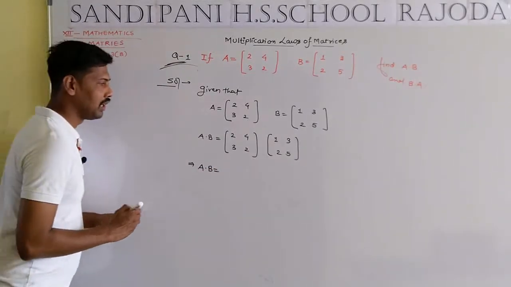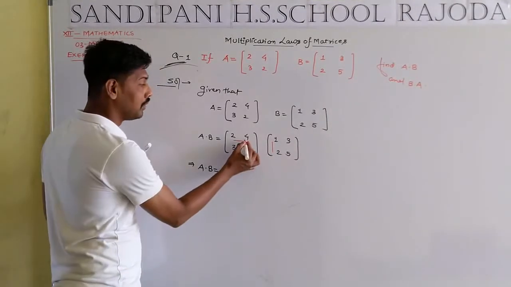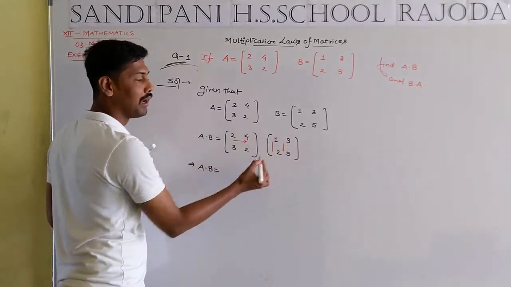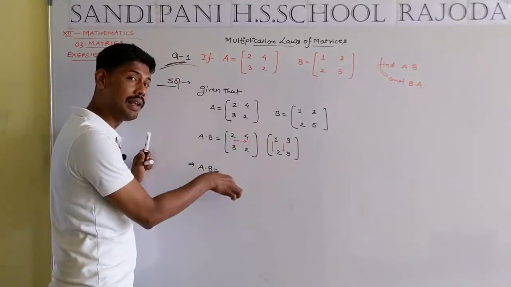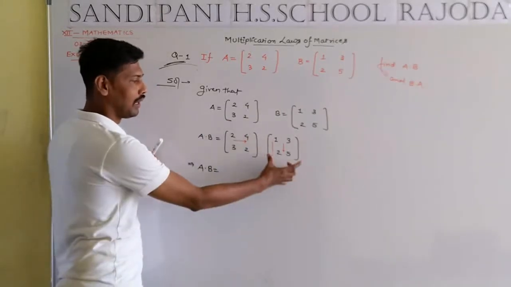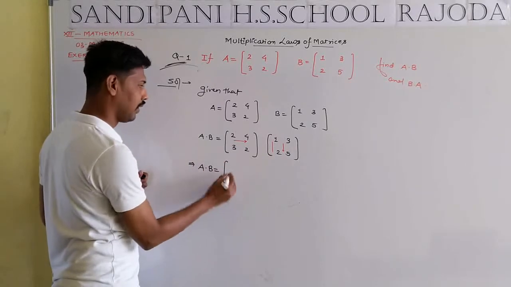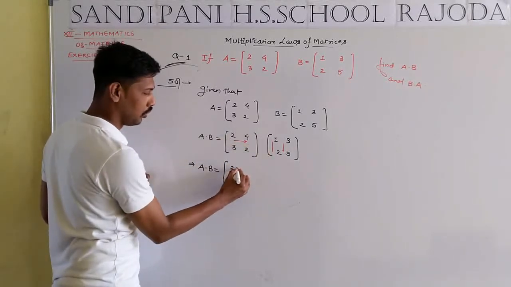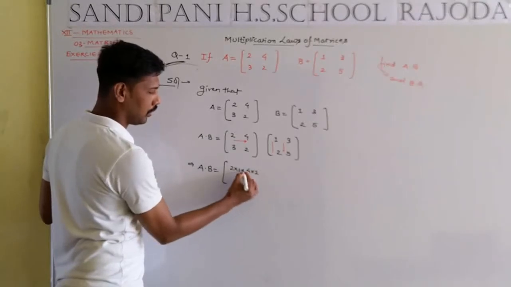multiplication. In multiplication, the first row of the first matrix is multiplied by the first column of the second matrix. So first row by first column gives 2 into 1, 4 into 2, with a positive sign in between.